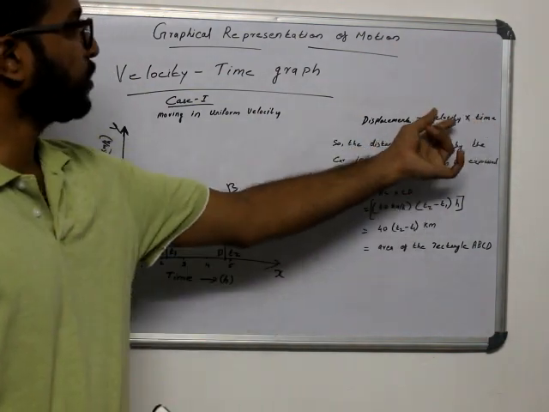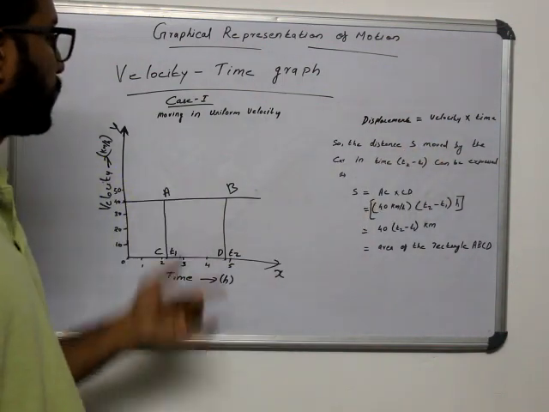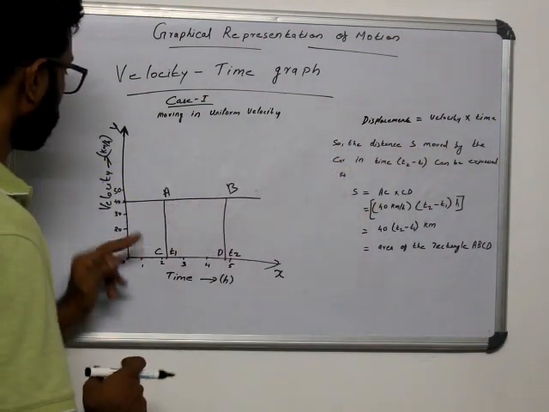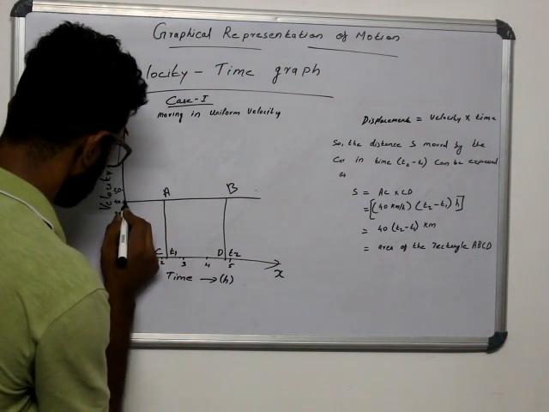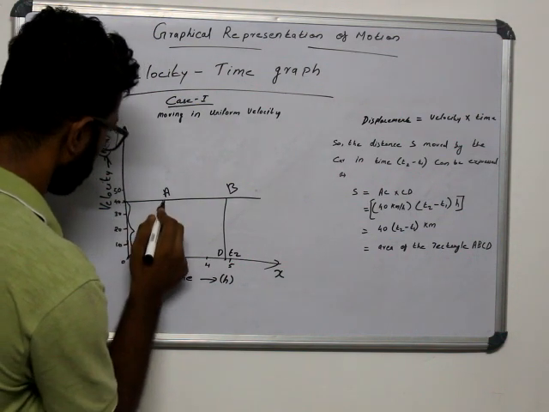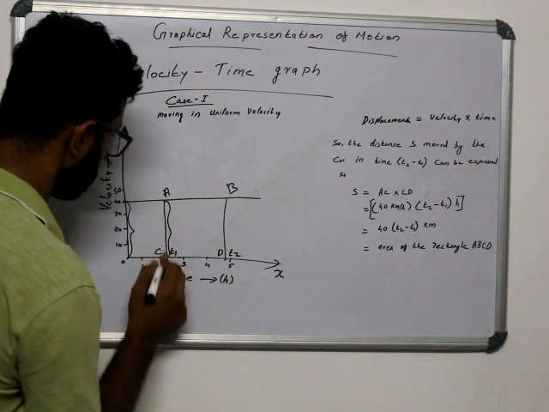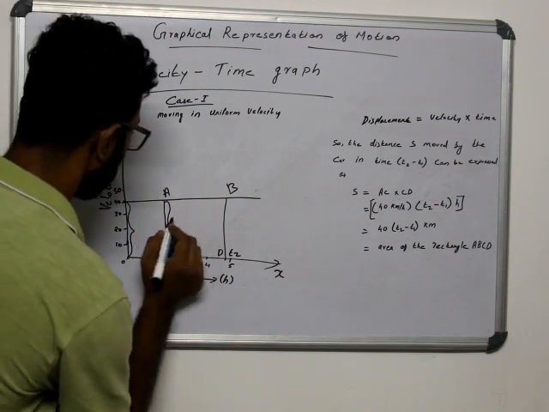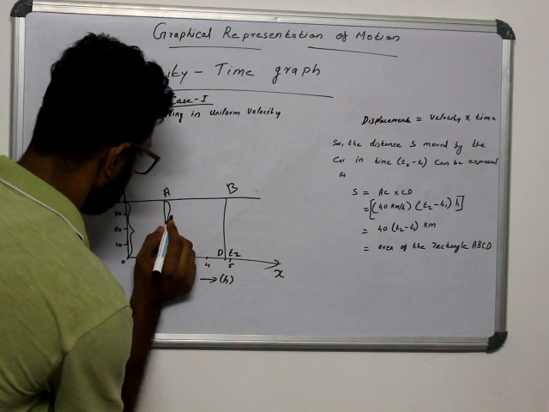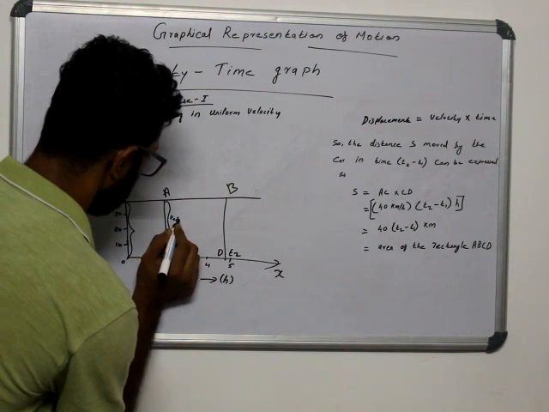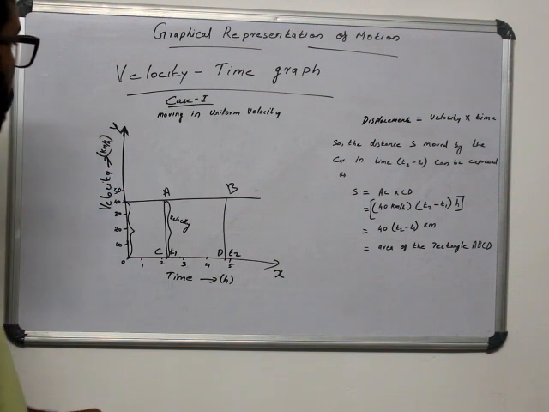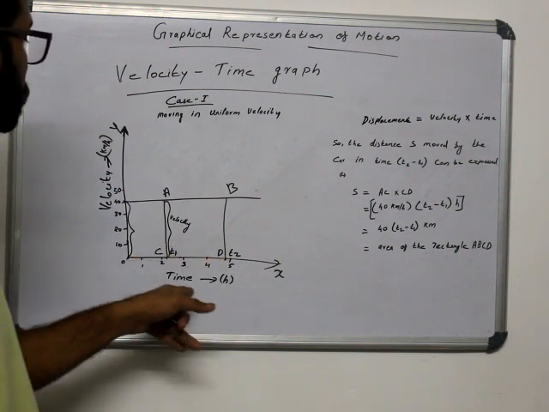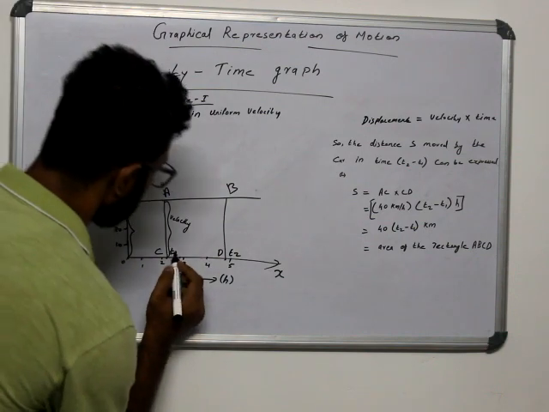Now here, displacement will be velocity into time. What is the value of velocity here? Here the value of velocity is 40 km per hour. So AC, this much is 40, and this is equal to AC, that is velocity. Now, time. What is the time here? The time interval between t1 and t2.